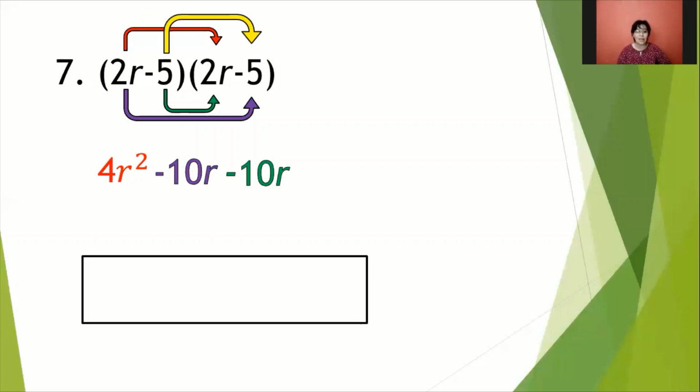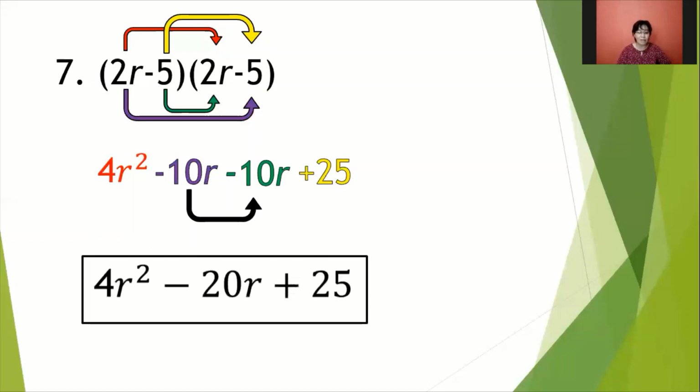And the last is negative 5 times negative 5 is equal to positive 25. Of course, you have to follow the rules of signed numbers. Then, the final answer, since negative 10 minus 10 is negative 20, is 4r squared minus 20r plus 25.